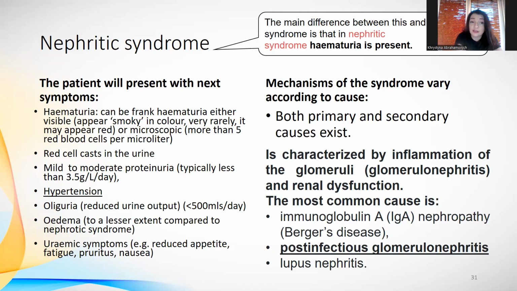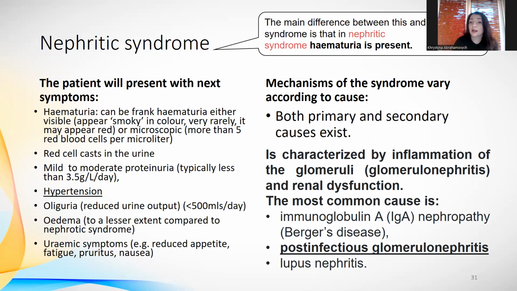Red cell casts in urine, mild to moderate proteinuria. Typically, in this case, the amount of protein is less than 3.5 grams per day, which is like in urinary syndrome. Also there may be hypertension, oliguria, edema, and uremic symptoms, such as reduced appetite, fatigue, itching, and nausea.